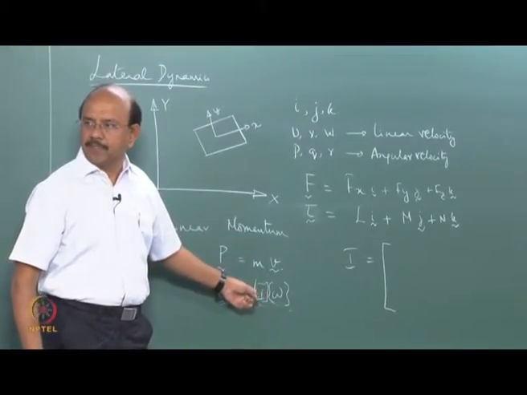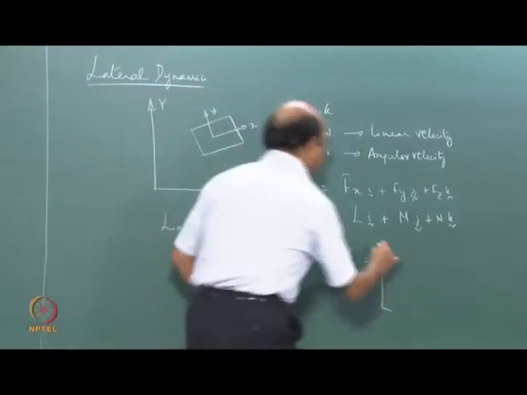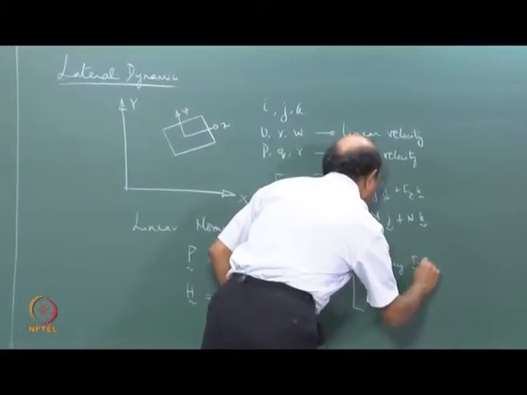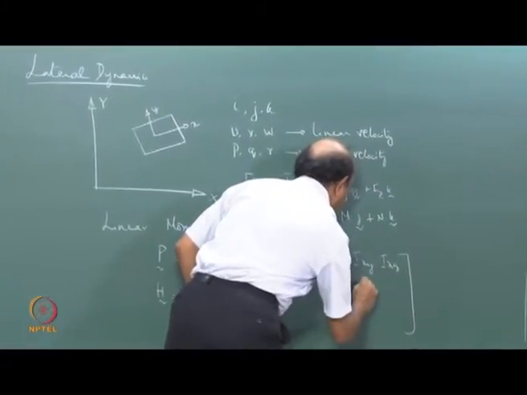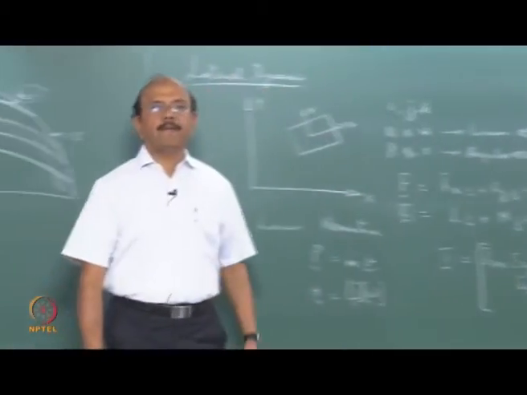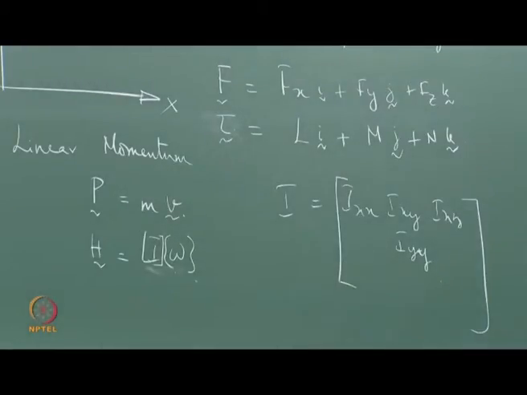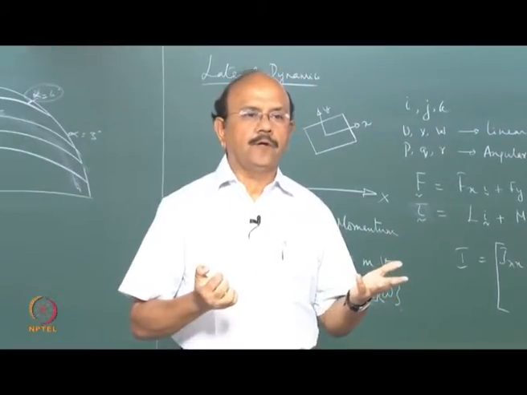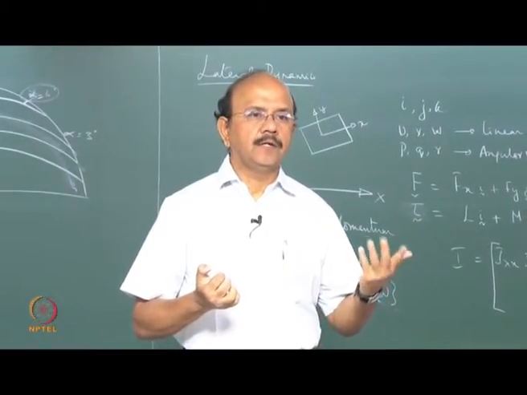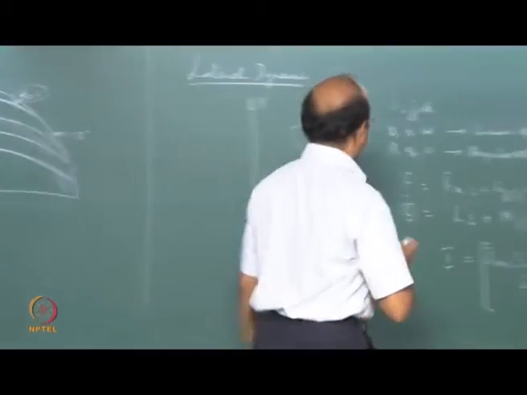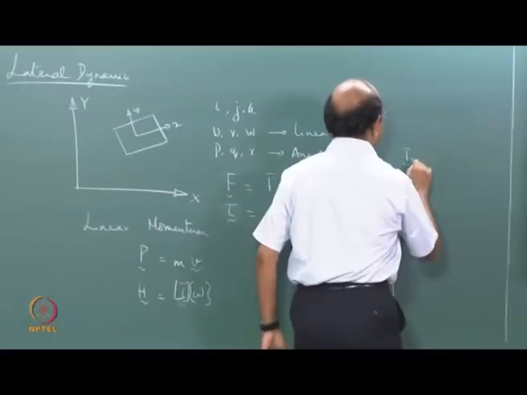So I'm writing this as a matrix, so this is Ixx, Ixy, Ixz, Iyy, and so on. So all of you know the definition for Ixx, integral of y squared plus z squared dm, right?